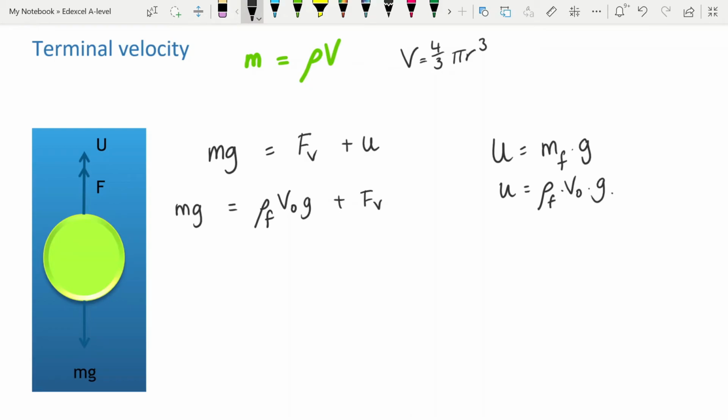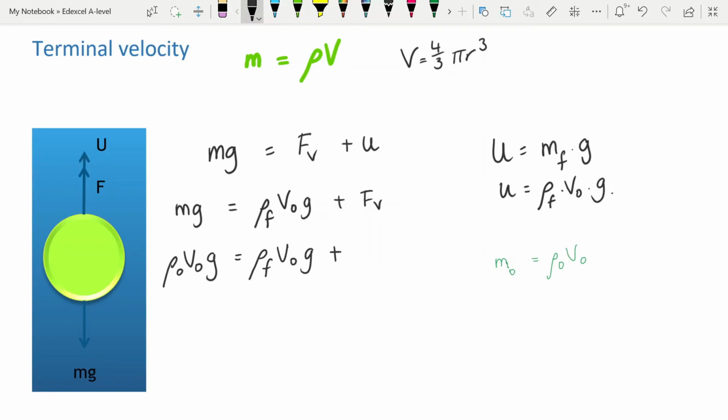Now let's consider the object itself. So the object is falling through the fluid because of its own weight, and its weight is mg as we've written here. But of course, the mass of the object is going to be the density of the object times the volume of the object. So we can replace this with density of object, volume of object, g, is equal to the density of the fluid times the volume of the fluid times g.